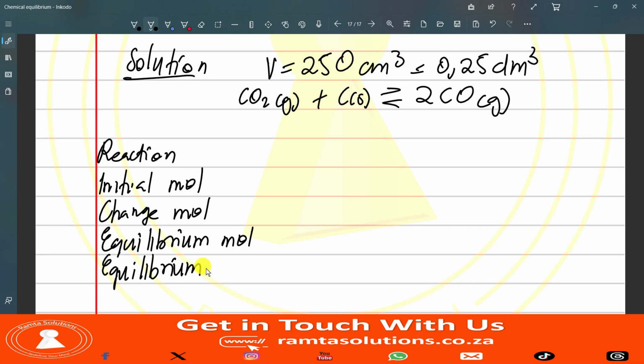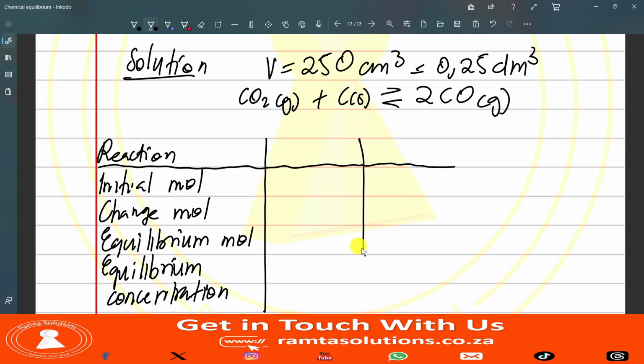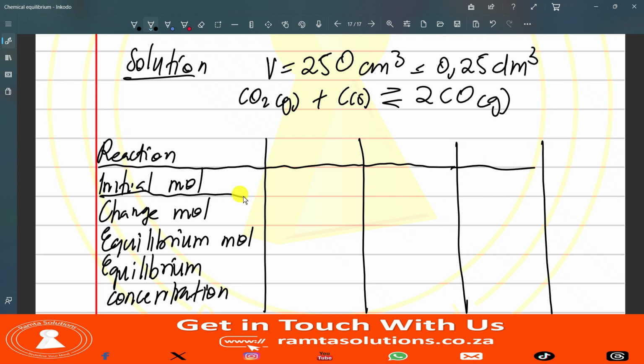I need you guys to pay attention here. It's very important. So this is the RICE table.